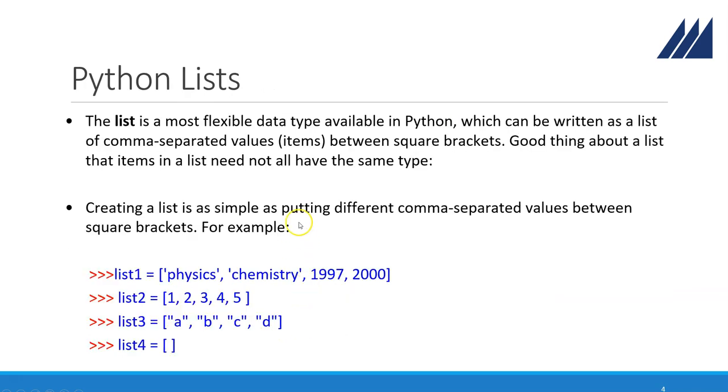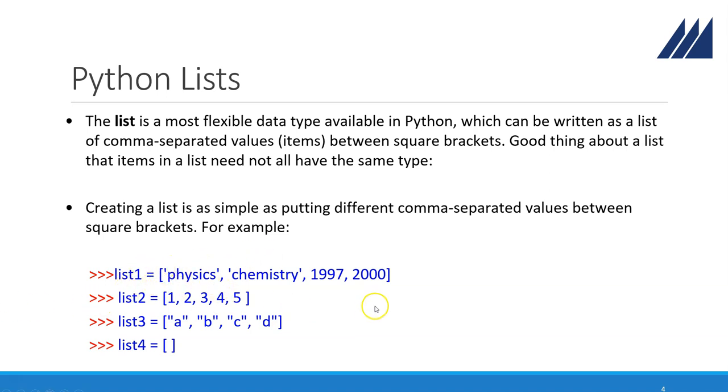Okay, so let's take a look at the list and what we mean by the list. I'm just going to jump to this example. A list is a container or a sequence that has different items. As you can see, these items are separated by commas. The items of the list we put between square brackets.